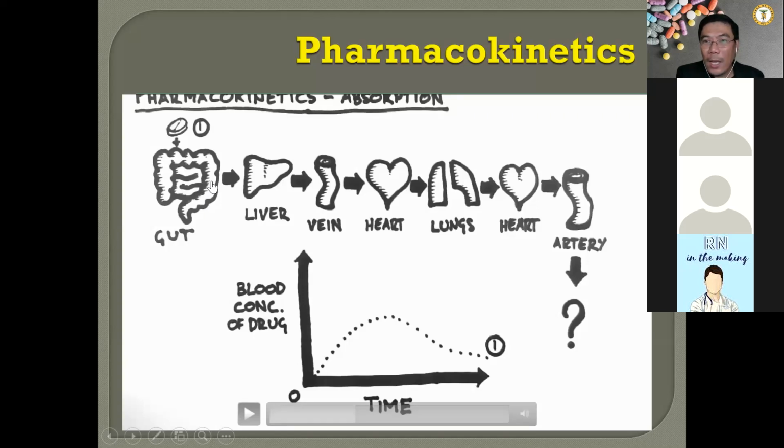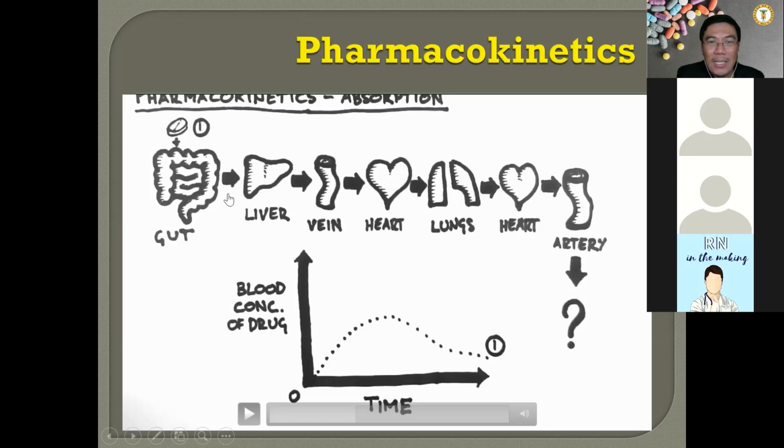Then, as I told you, any oral drug will be metabolized by the liver. After it is metabolized by the liver, the chemical properties of the drug will be distributed by a vein. Through the vein, we have the blood, the plasma, that is non-oxygenated. It enters the heart, is oxygenated by the lungs, goes to the left side of the heart, and circulates through the artery as oxygenated blood with the drug concentration carried by the plasma.